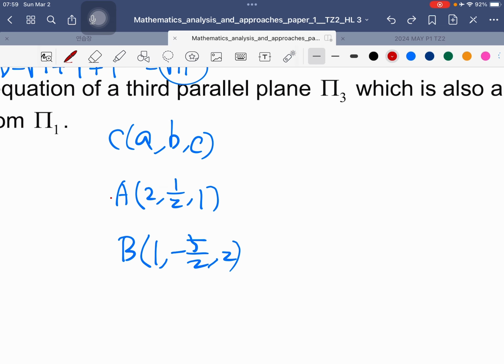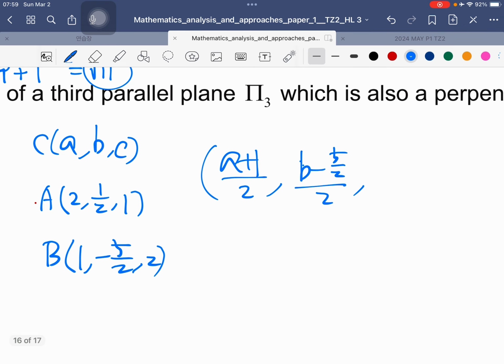So we can calculate: (a plus 1) over 2, (b minus 5 over 2) divided by 2, (c plus 2) divided by 2. This is exactly the same as this coordinate.